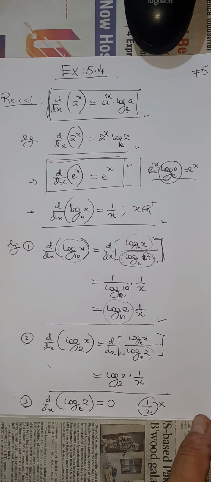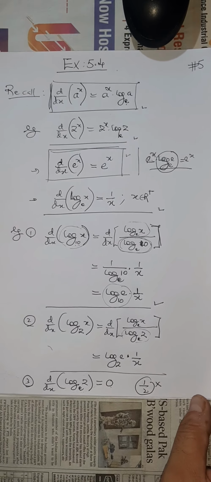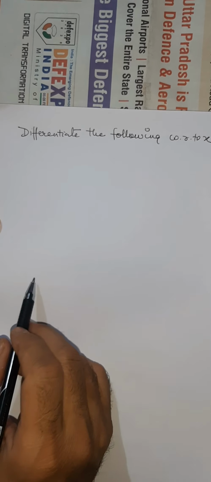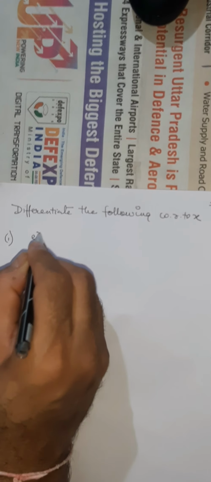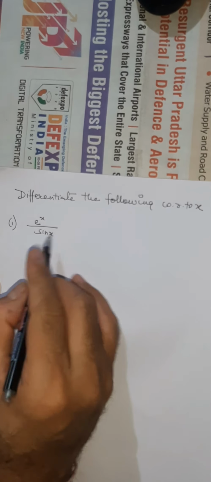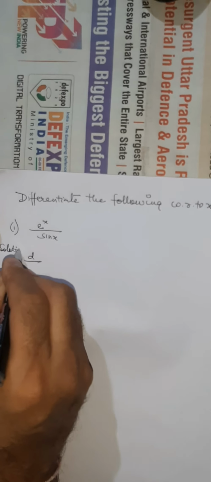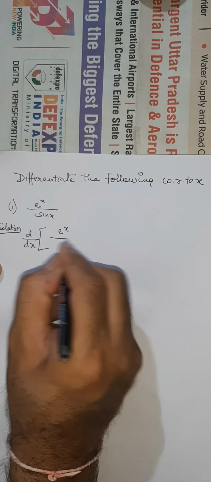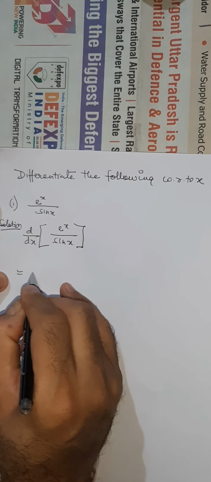Okay, so with this knowledge, now let me go to next exercise 5.4, first question. Differentiate following functions with respect to x. The first question, you are given e raised to x upon sine x. So in the solution, d by dx of e raised to x upon sine x. How do we do? Division rule.